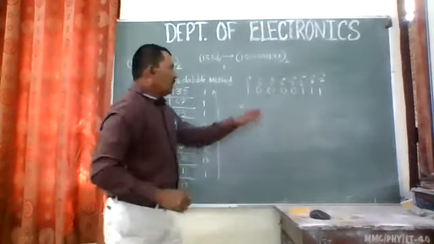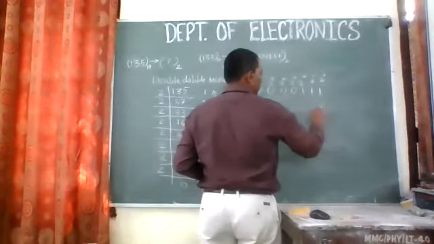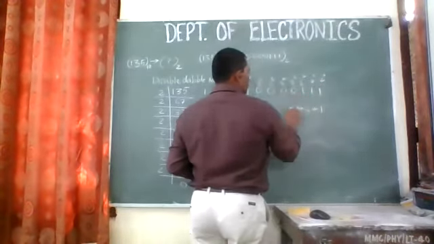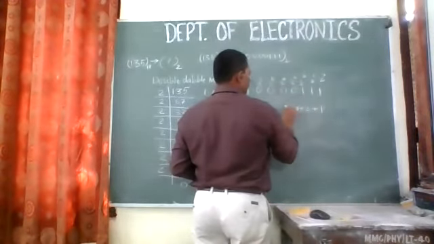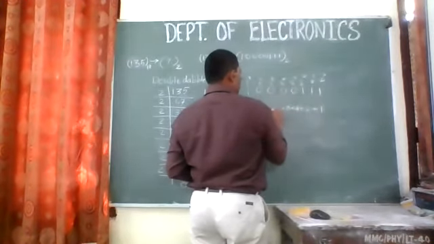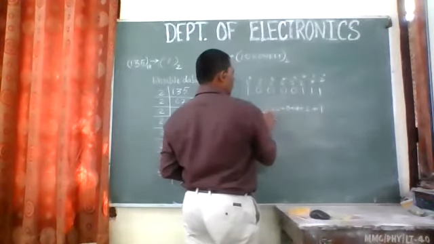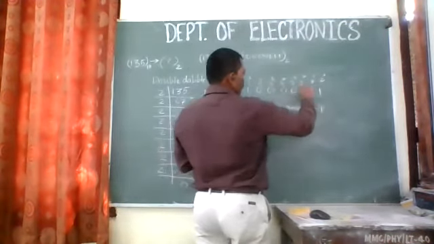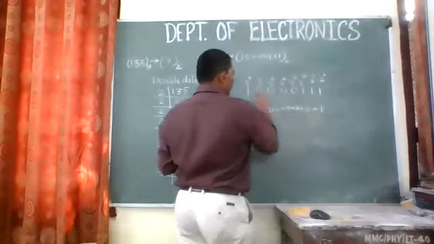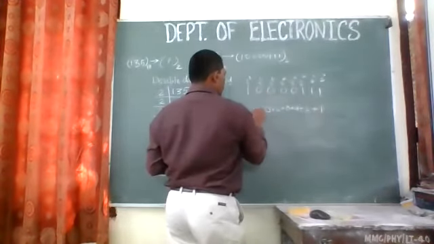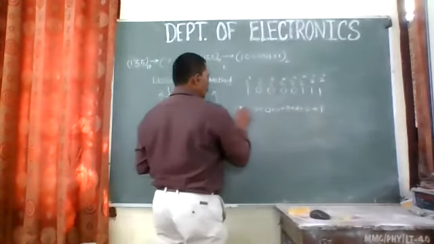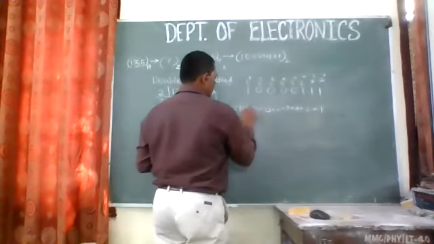So this is 1 plus 2 plus 4, then 8 with digit 0, 16 with 0, 32 with 0, 64 with 0, and then we have 128, so 128 plus.